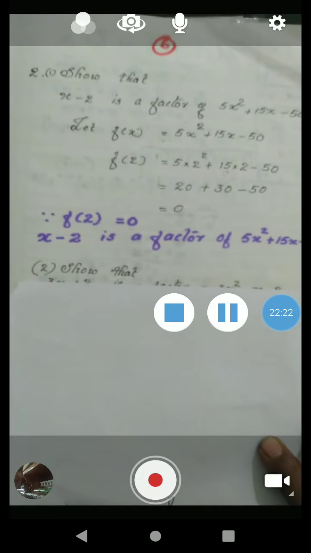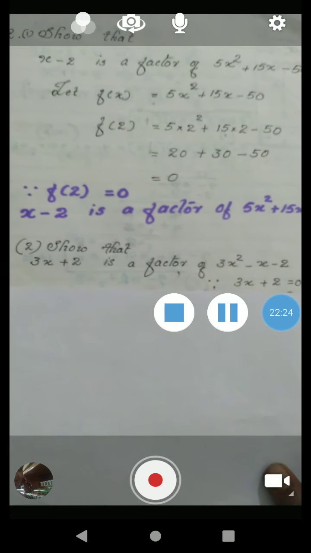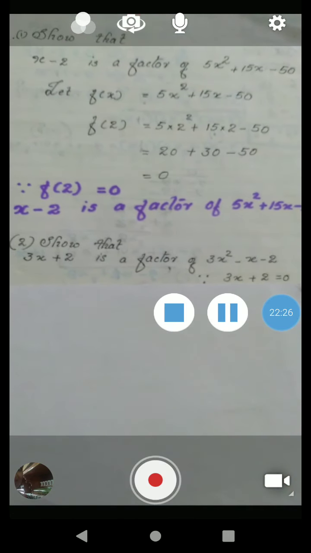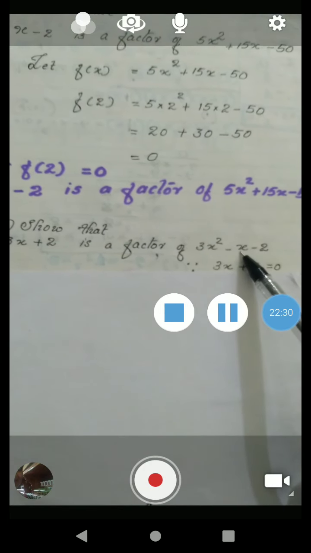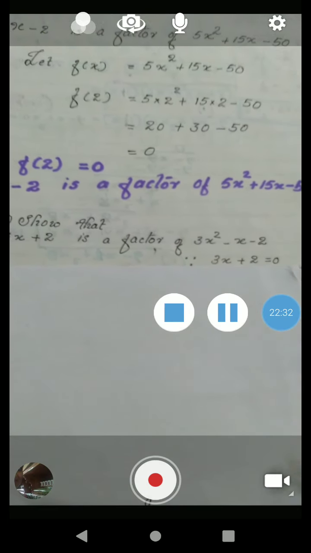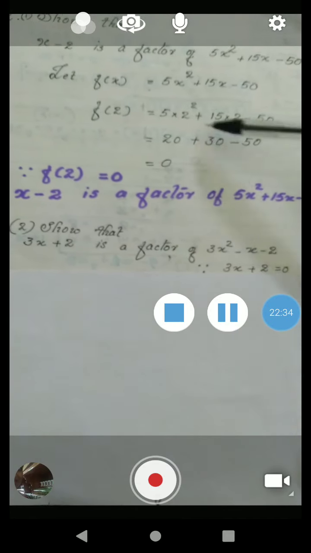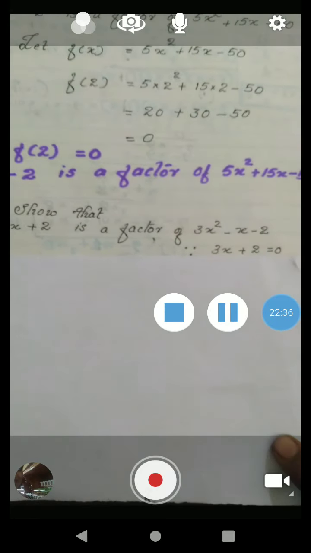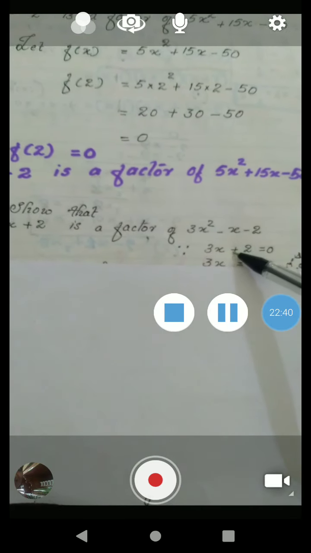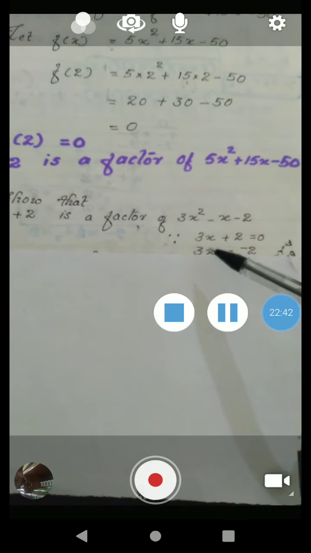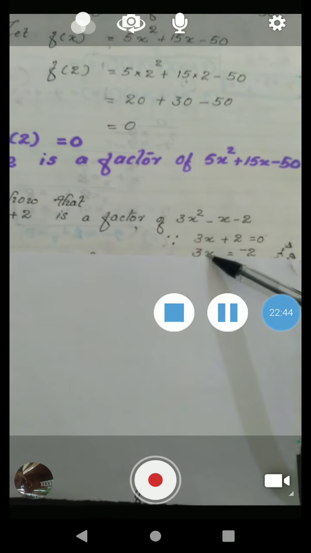Okay. Now, second subdivision. Show that, same type of question, 3x plus 2 is a factor of 3x squared minus x minus 2. Same pattern. Now, we can write since 3x plus 2 is equal to 0, transpose 2 to the other side, 3x is equal to minus 2.